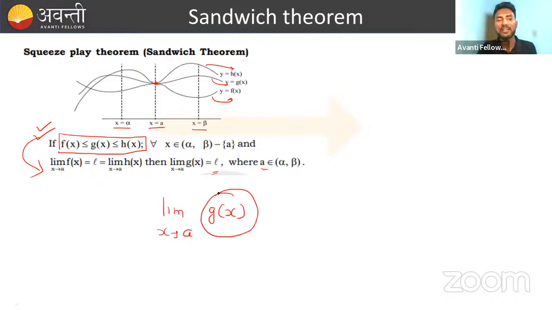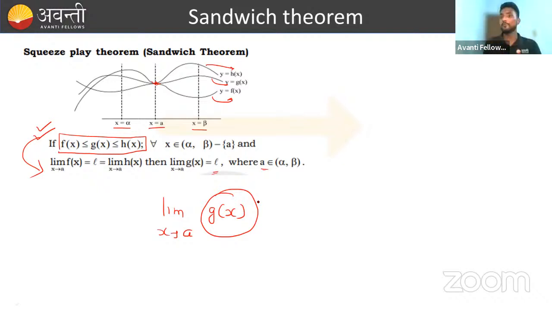So you have to create one h(x) and f(x) based on the properties of g(x), and then apply this method. You find the limit of h(x) and the limit of f(x), and whatever the value of the limit of both functions, that will be the g(x) limit. So indirectly we are not finding the limit of g(x) directly.